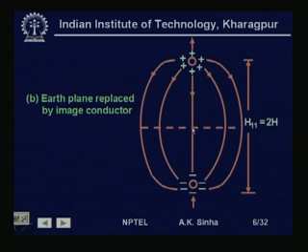Therefore, what we find is that if we take another conductor with opposite charge and place it below the ground, at a distance which is equal to the height of the conductor above the ground, then the field lines created are exactly the same as if this conductor is above the earth's surface. That is, the effect of earth can be taken care of by this kind of a situation.